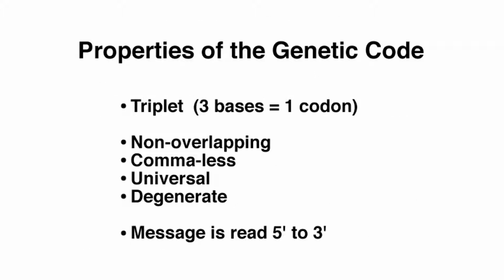There are a number of features of the genetic code that we should take a look at. A sequence of 3 bases in mRNA carries the code for one amino acid in the final protein product.